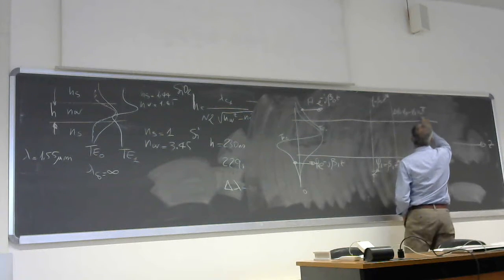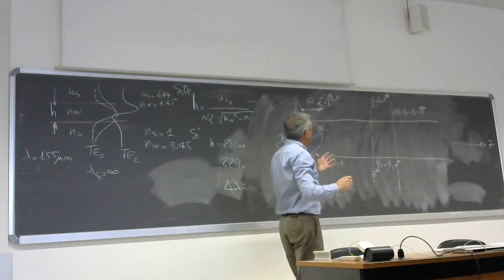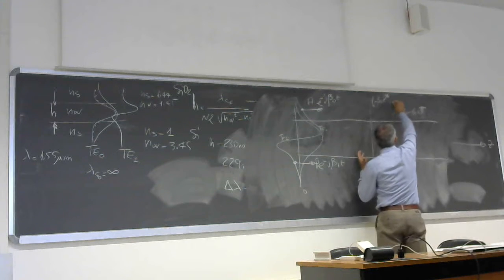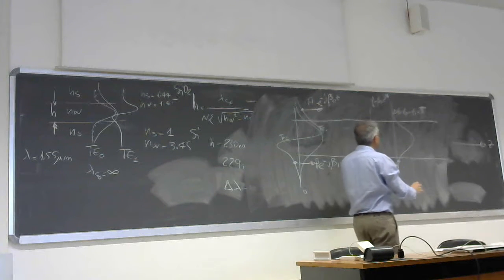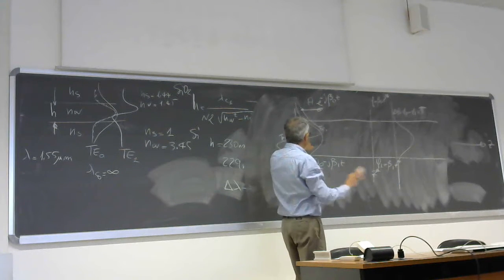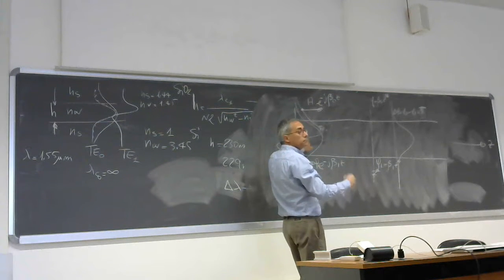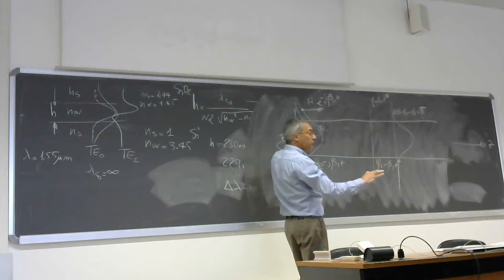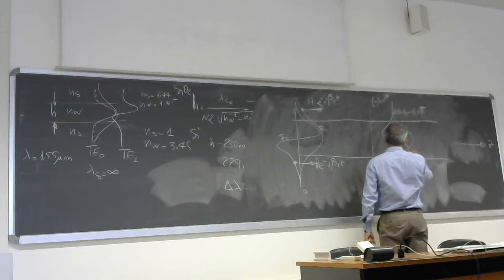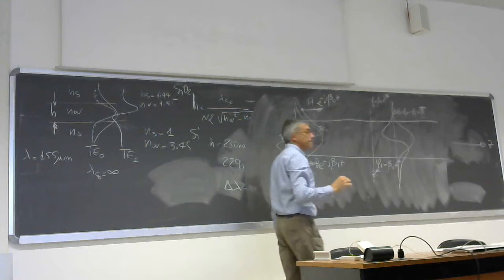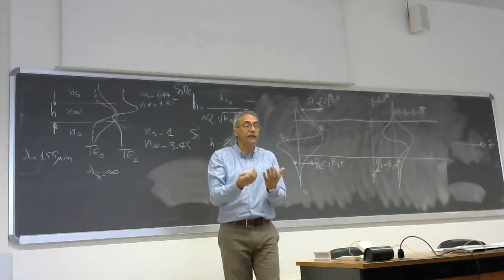Sorry, pi, let's say pi. If the difference is pi, it means that if we draw the first mode like this, and take it as reference, the other one has this shape, because the amplitude does not change, but the phase is opposite. So you have to draw this field, because they are out of phase.